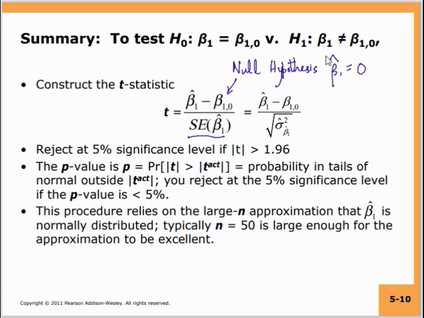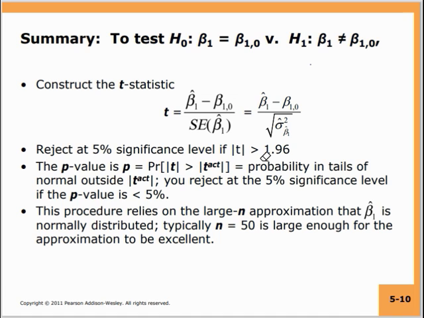I'm sorry, it will not be a hat over here. The estimated value minus the null hypothesis value, divided by the standard error of beta 1 hat, that will be the t-statistic. Given that the sampling distribution is a normal distribution, this t-statistic follows a standard normal distribution.